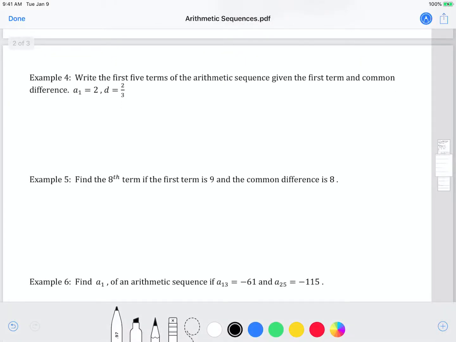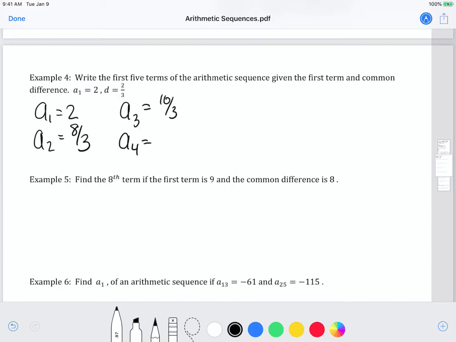In example 4, it says write the first 5 terms of the arithmetic sequence given the first term and the common difference. This is the same thing as what we did before. I start with a_1, which is 2, and I keep adding 2/3. When I take 2 and add 2/3, that gives me 8/3. When I take 8/3 and add 2/3 again, that gives me 10/3.